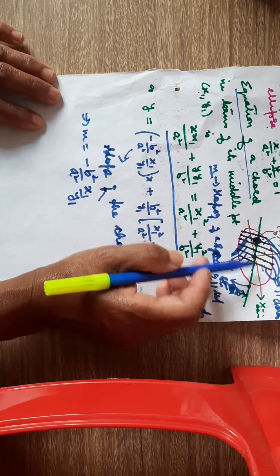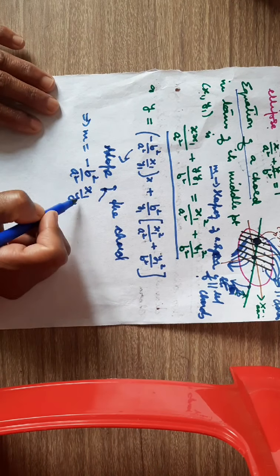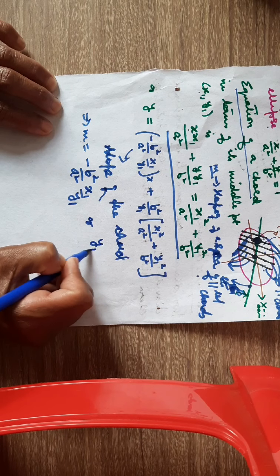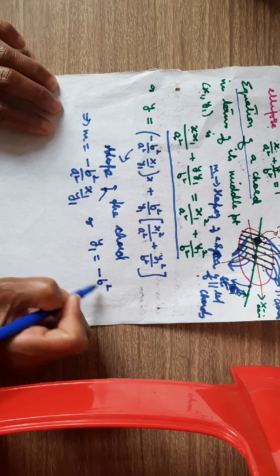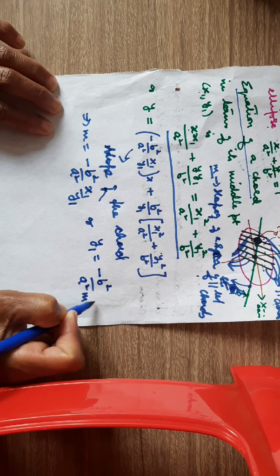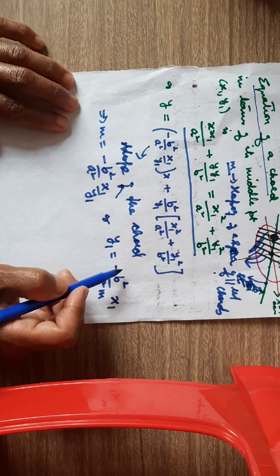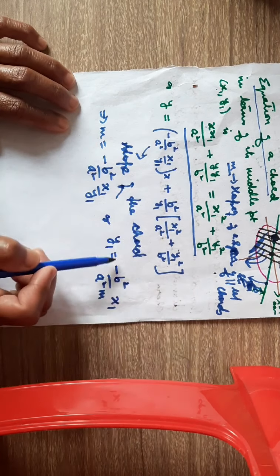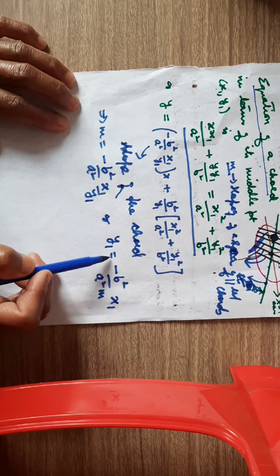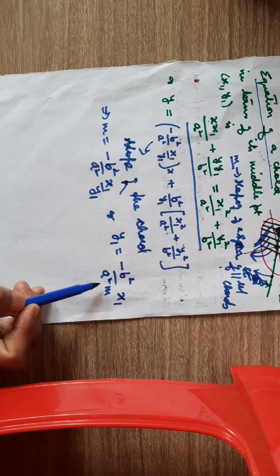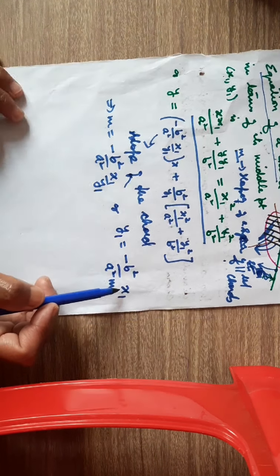So this is the slope of this line. Now let us simplify this one. We'll get y1 is equal to minus b square by a square m into x1. Now we have the expression of y1 as minus b square by a square m into x1.